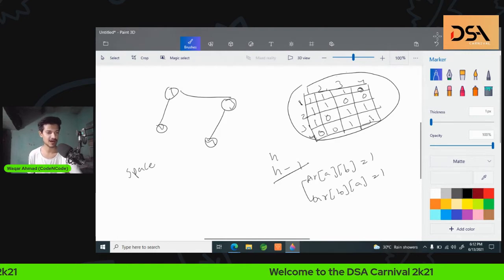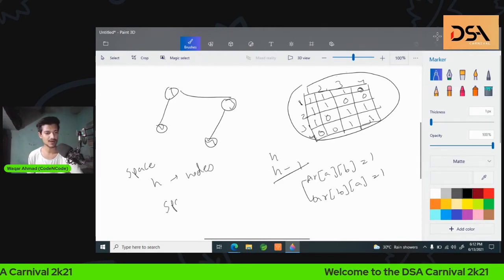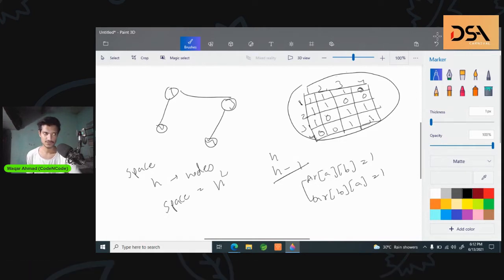That means how much space you require. If there are n nodes in your tree or graph, then the space that you require to store them will be n square.